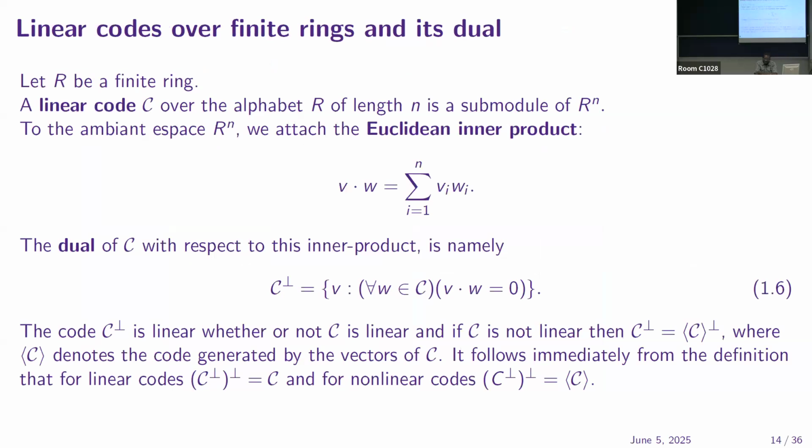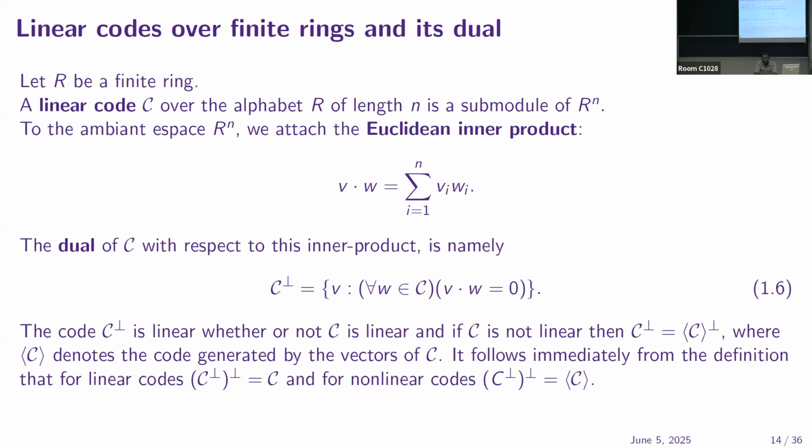Linear codes over a finite ring and their dual. Let R be a finite ring. A linear code over alphabet R of length n is a submodule of R to the power n.